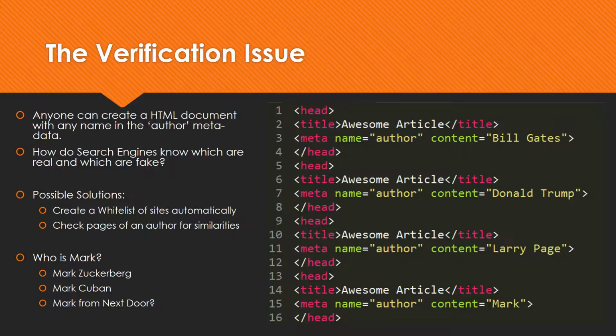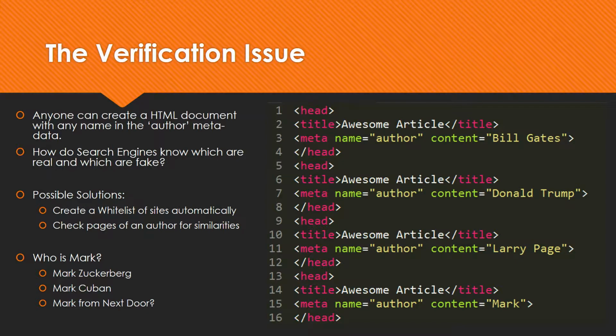We'll say he's a machine learning expert, and he's writing articles on sites A, B, C, and D, and suddenly lots of articles from Mark start popping up on site E, and these articles have nothing to do with machine learning like the rest of them. And site E is just overall a weird mess of a site, nothing like the other sites. So maybe the search algorithm will rank it more based on PageRank rather than AuthorRank.